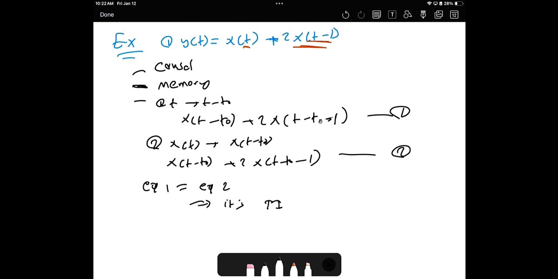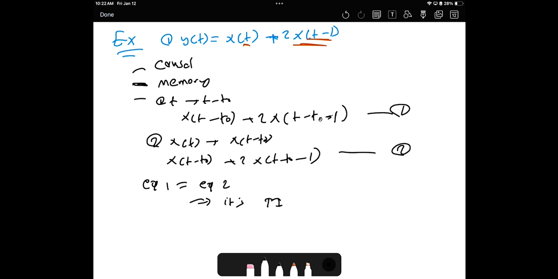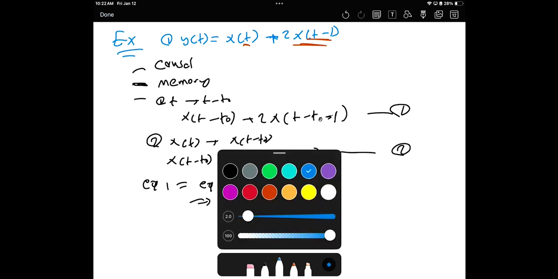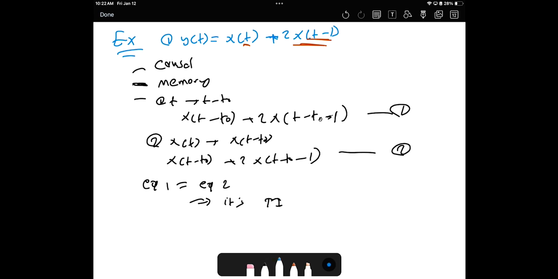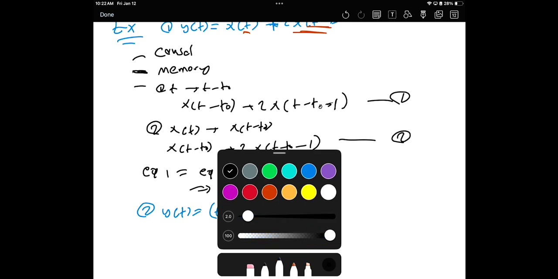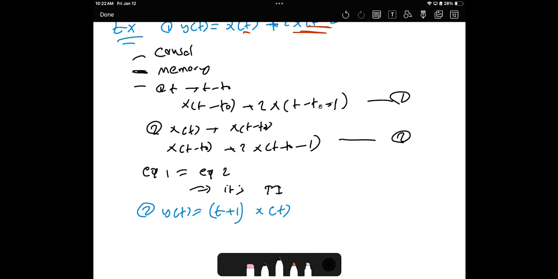Okay, let's have another example, which is y of t equals t plus 1 times x of t. Now, the first question: is this causal?